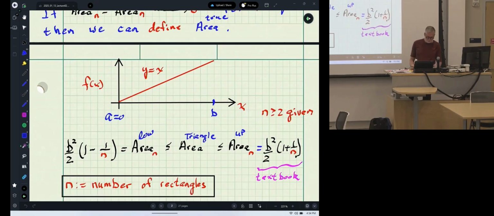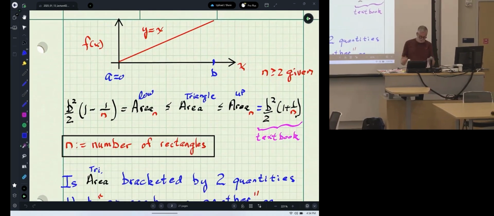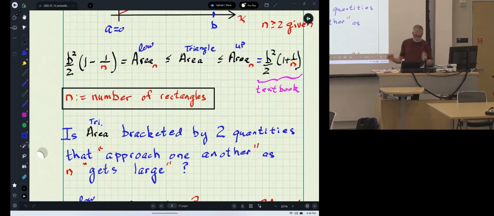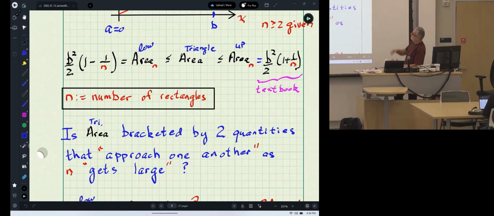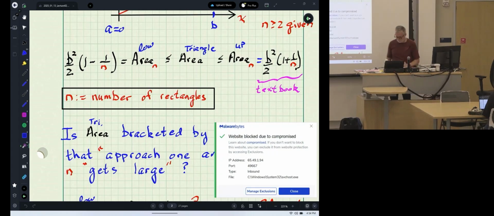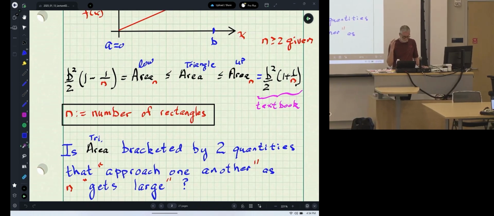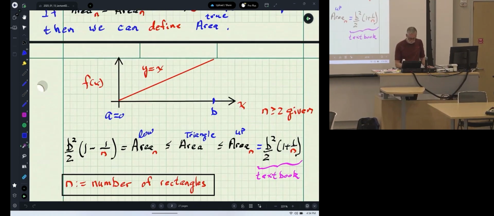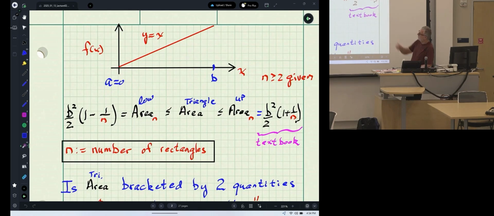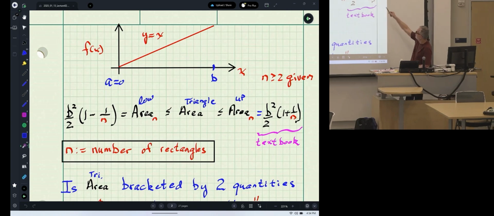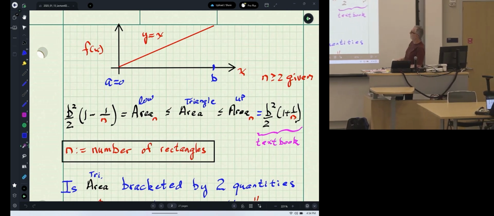And when we did that for y equals x, we were hopefully reassured when we obtained formulas that seemed reassuring to us, because if the length is b, the height is also b, so that's b squared over 2, and the lower area is 1 times 1 minus 1 over n, and the upper area was b squared over 2 times 1 plus 1 over n, and we know what 1 over n does when n gets large, it goes to 0.